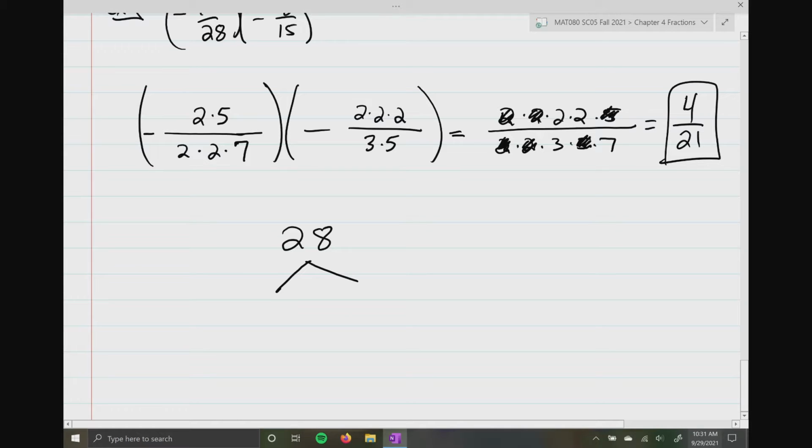How about 2 and 14? Now, the 2 is a prime number, so I circle it. The 14, I can break down even further into 2 times 7. 2 is a prime number, and 7 is a prime number. So that's how I got 28 to equal 2 times 2 times 7.